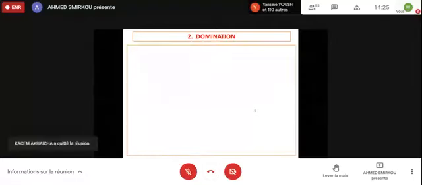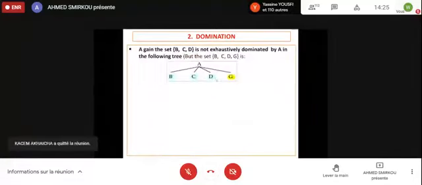So here, G is also dominated by A, but it's not a member of the set. However, again, if I ask the question, does the set B, C, D, G form a constituent, or is it exhaustively dominated by A? Yes.